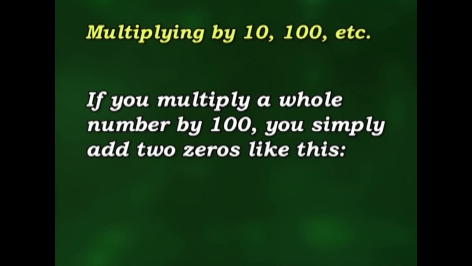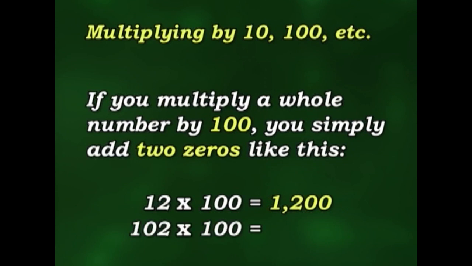Now, if you want to multiply a whole number by 100, you simply add 2 zeros, like this. 12 times 100, add 2 zeros to 12, equals 1200. 102 times 100, add 2 zeros, and you get 10200, and that we say is 10,200.